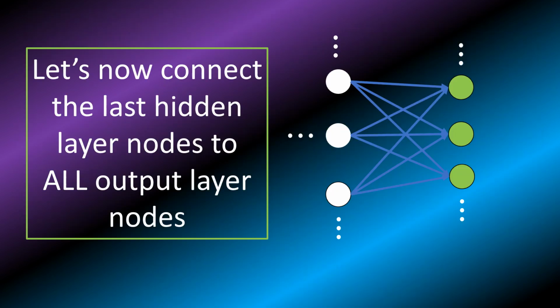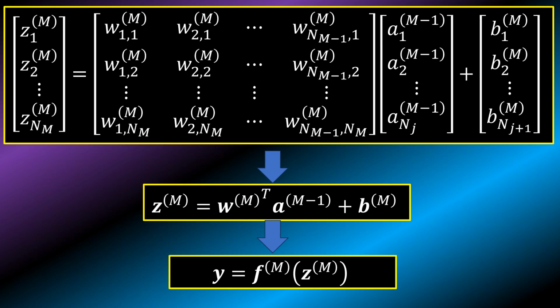So let's now connect the last hidden layer nodes to all output layer nodes. And we can once again display everything in matrix form. You have the weights, you have the activation functions of the previous layer, and you have the biases, you have the signal that's sent to the output neurons, and then you have the activation of the output neurons.